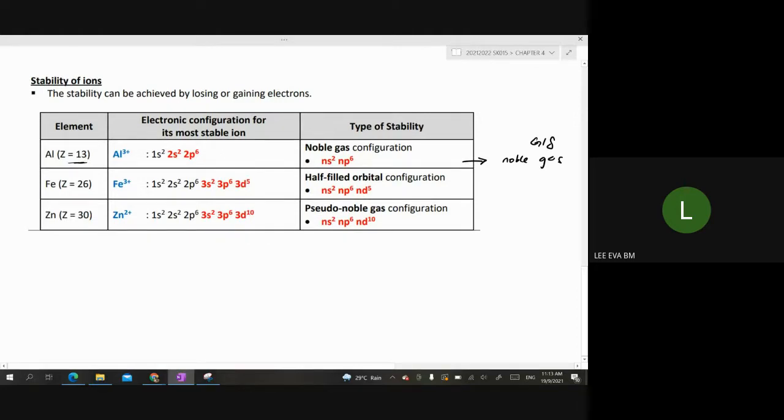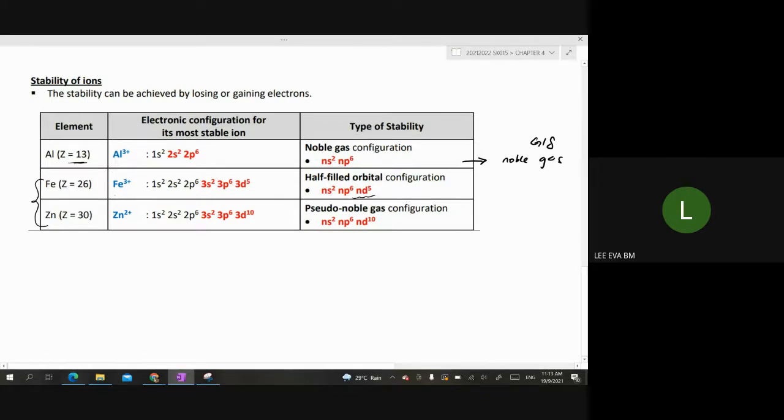And the second type of stability, we call it half-filled orbital configuration. Half-filled comes from the words half-filled d subshell. So the second and the third types of stability refer to transition elements because they involve the d subshell. For example here we have Fe, iron, or ferrum, proton number 26.